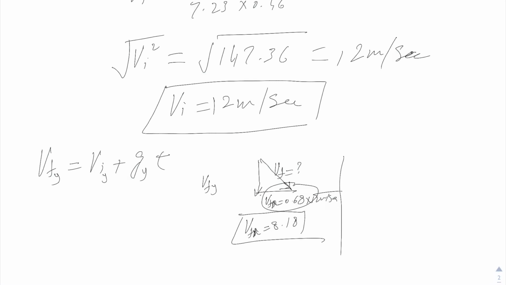Now here is the point to understand, that for the initial velocity in the y direction we have Viy, which equals 0.73 times 12 meters per second.